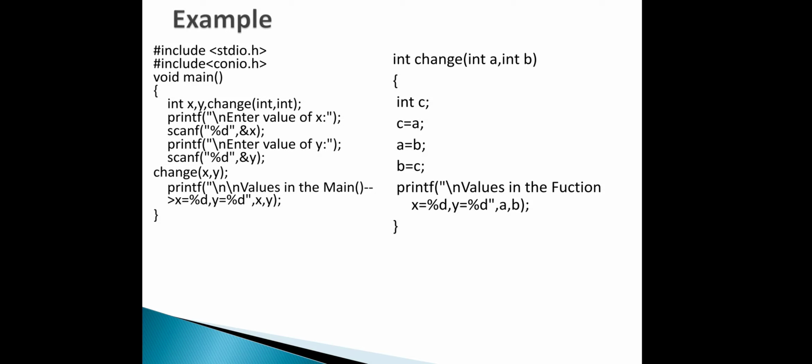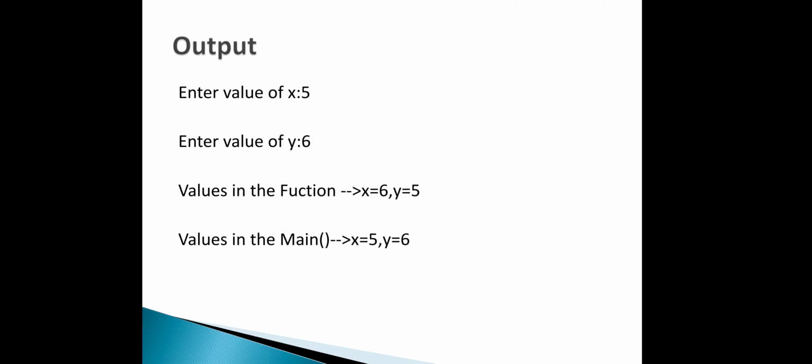Then the function change is called with the actual parameters x equal to 5 and y equal to 6. In the function header of function change, the formal parameters a and b receive the values 5 and 6. In the function change, the values of a and b are exchanged. This is the output of that program.